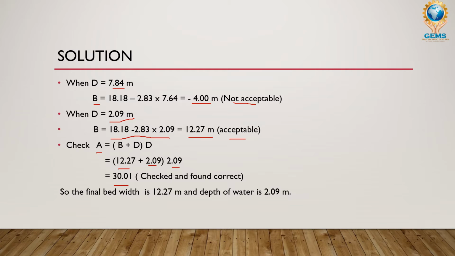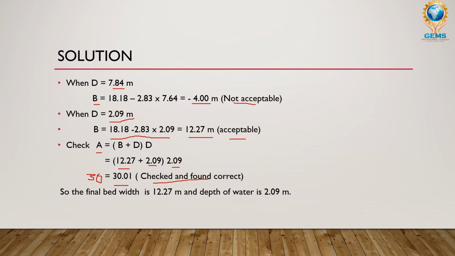Then you can see exactly 30 meter squared, a is 30, which we got from the sum in the previous slides. Now the 30 is equal to this 30. So your sum is correct. You have done it correctly.